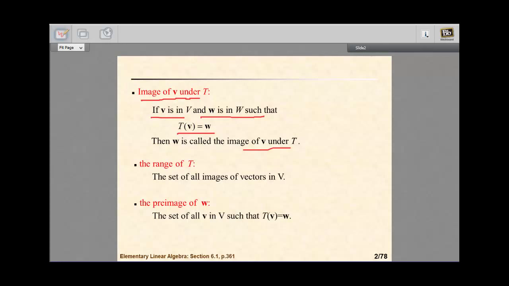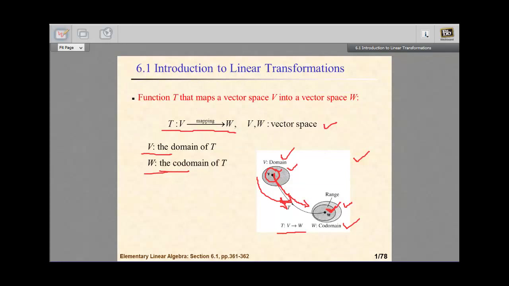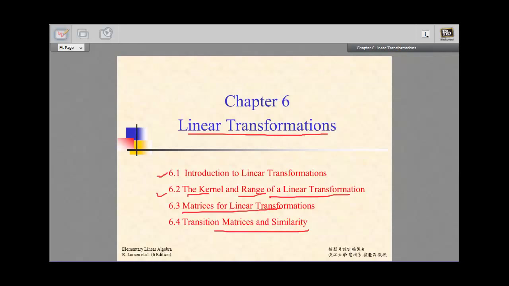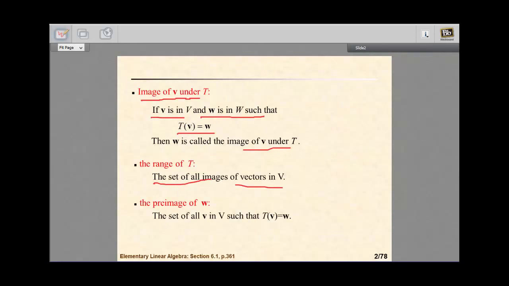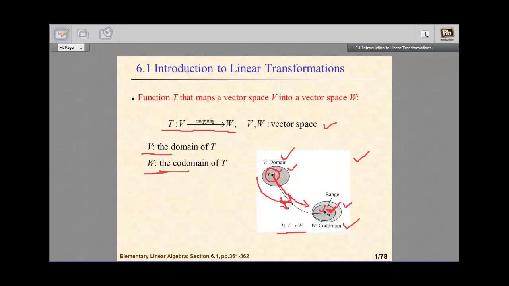Similarly, the next definition is the range of T, the set of all images of vectors in V, that is called the range. As I showed you in the previous picture, this is called the image, the range. The set of all images of vectors in V is called the range.